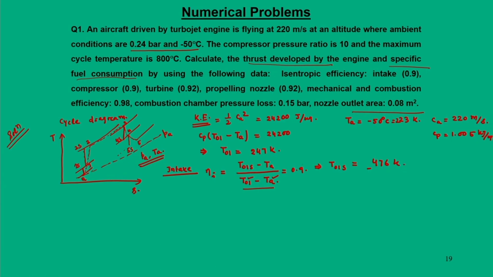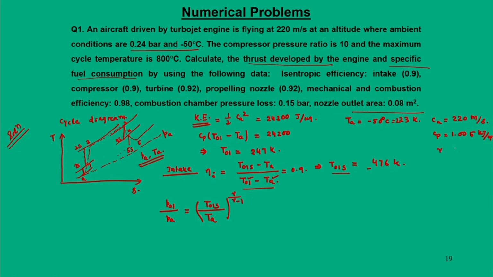So once you now know T naught 1s, you also require P naught 1. For that we can write P naught 1 by PA is equal to (T naught 1s by TA) to the power gamma by gamma minus 1.